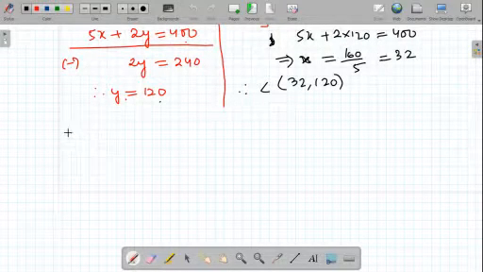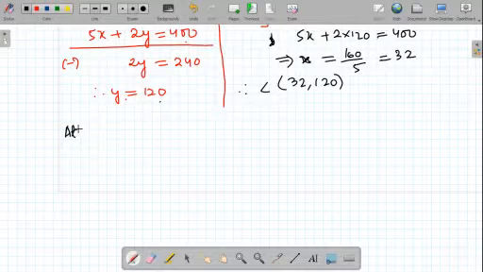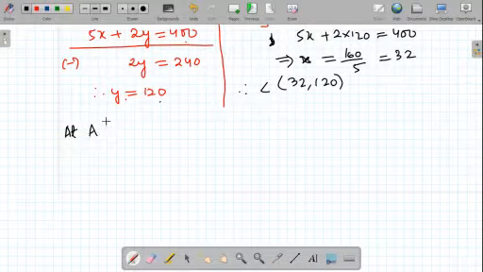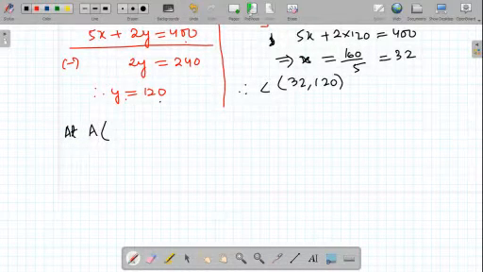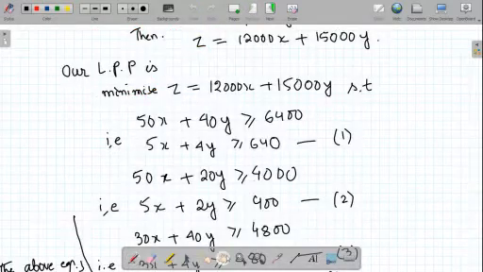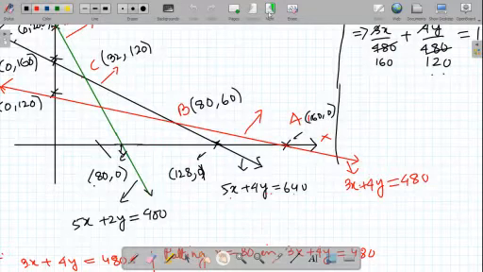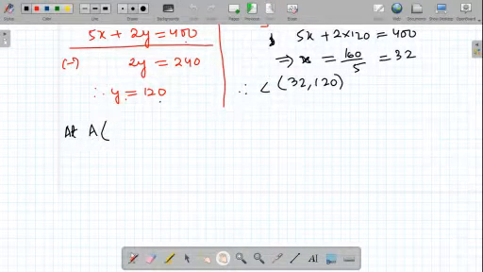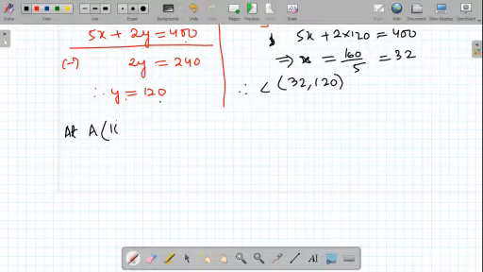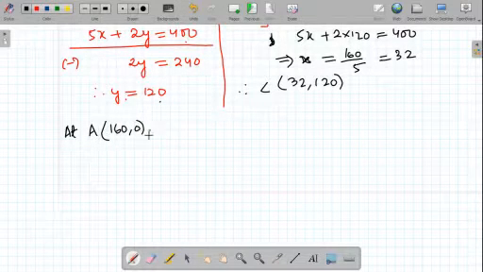Now write down at A, what is A? A is 160 comma 0.